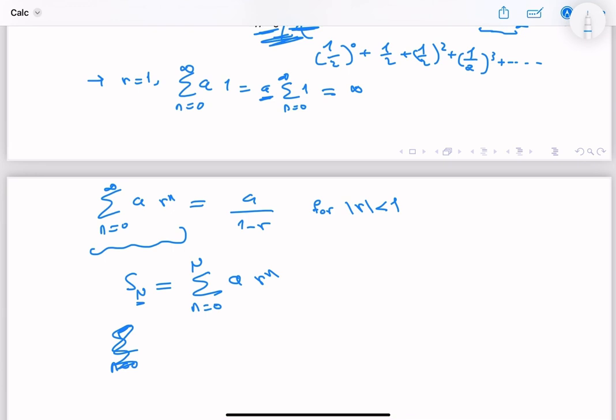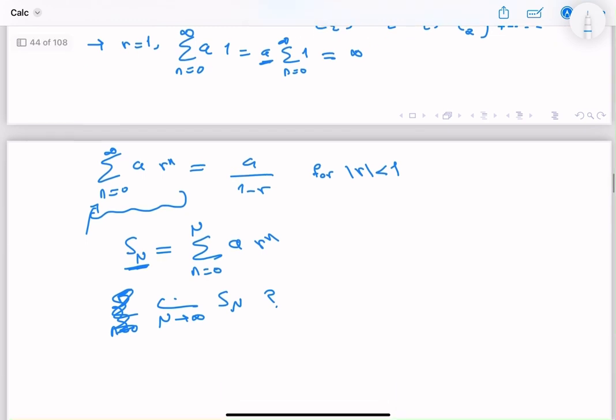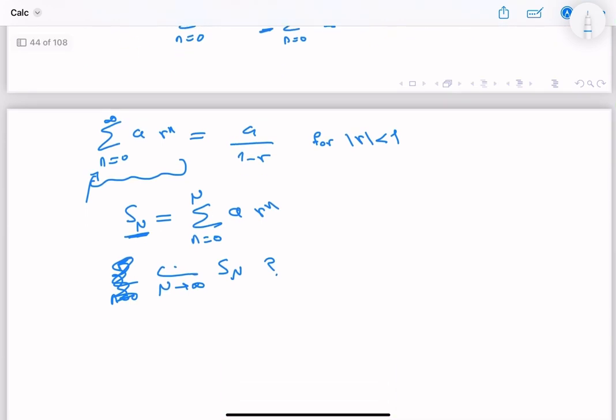We need to check if the limit of this partial sum exists, and if it does, then this series is convergent, and its value is going to be the limit of this thing. So let us consider the limit as N tends to infinity of s sub N. Let's ask the question whether this exists or not, and if it does, what's the answer?